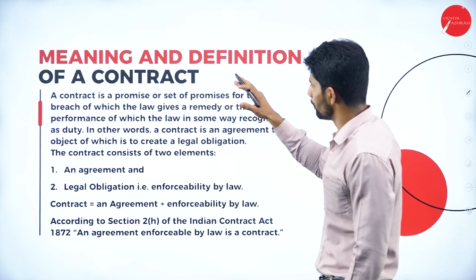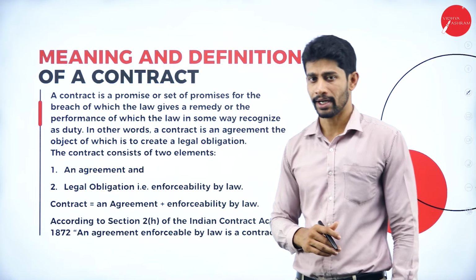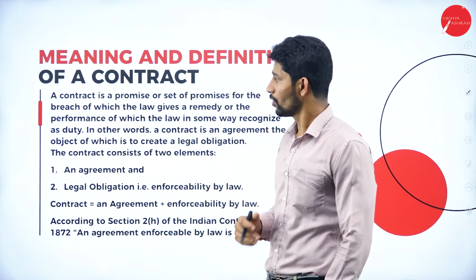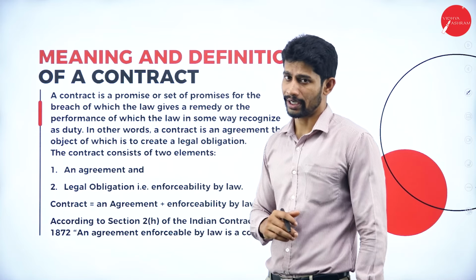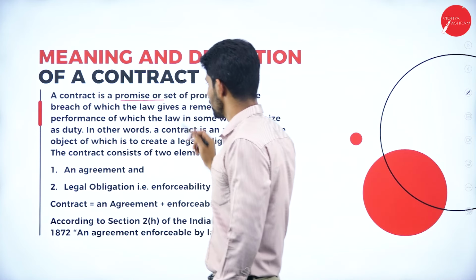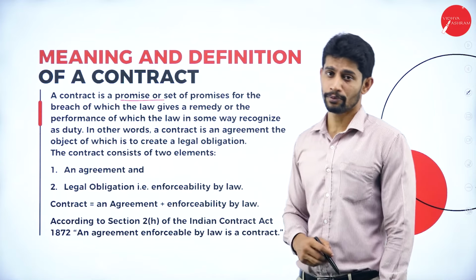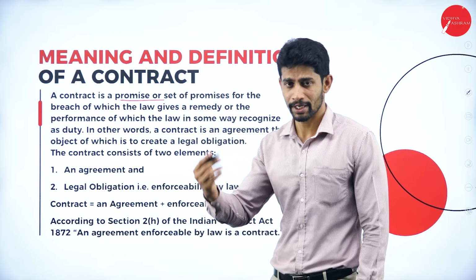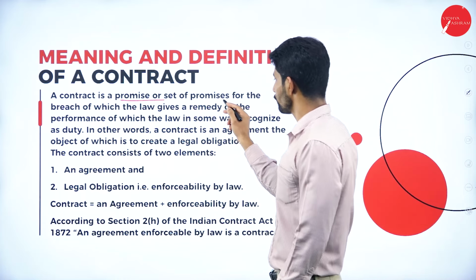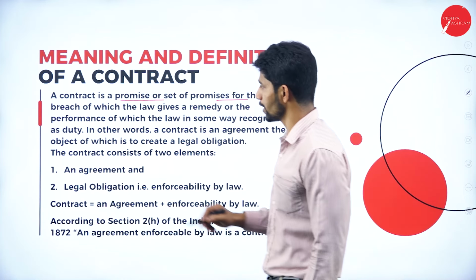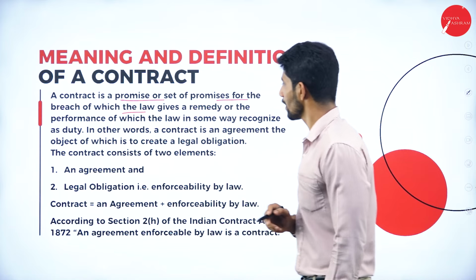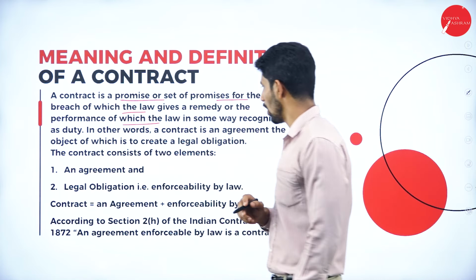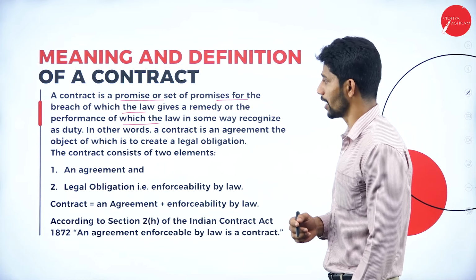Moving further, the meaning and definition of a contract. So now we got to know the meaning of agreement, right? Now, what is the meaning of contract? A contract is a promise or a set of promises. First thing is, a contract is a promise made by someone, or a set of promises, for the breach of which the law gives a remedy, or the performance of which the law in some way recognizes as a duty.